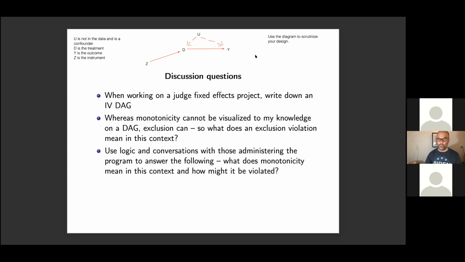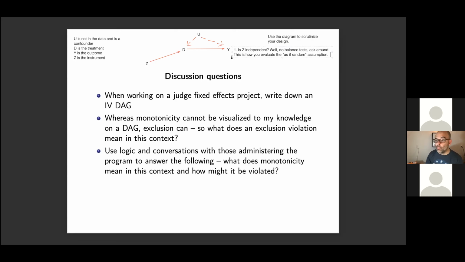So, number one, is Z independent? All right, so what can we do? Do balance tests. Ask around, right? This is how you evaluate the as-if random assumption, okay?